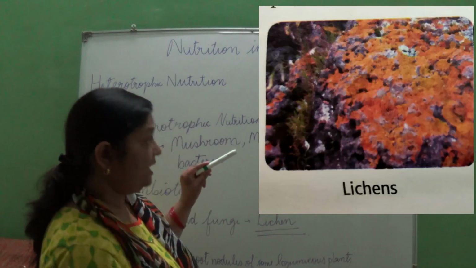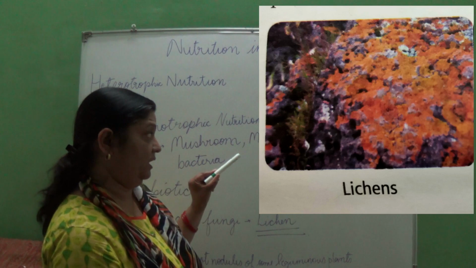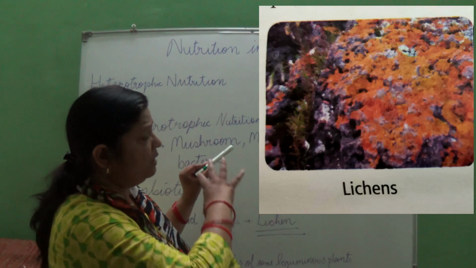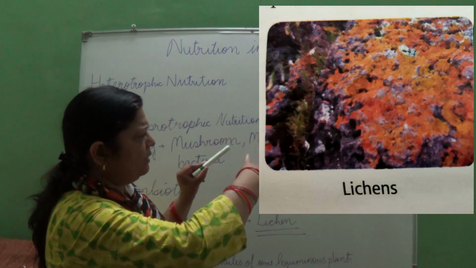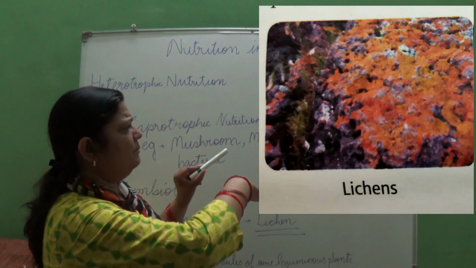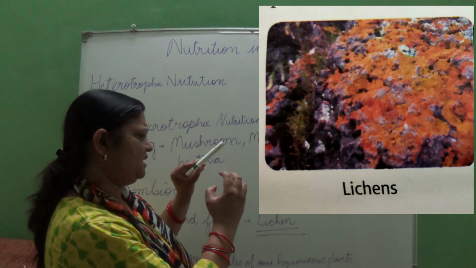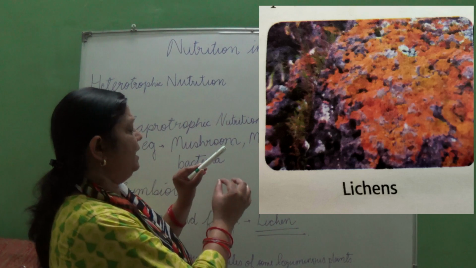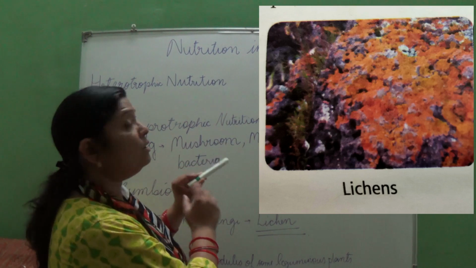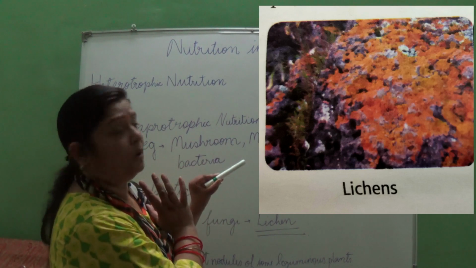Lichen. You can see the picture of the lichen over here. Okay, it looks like a crust over a place, because the structure is so closely intermingled that it looks like only one organism.